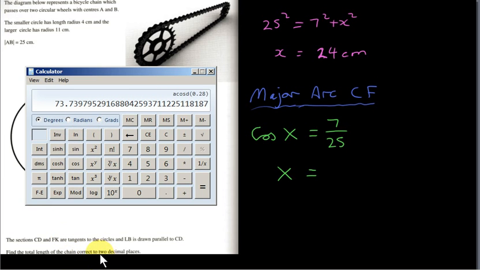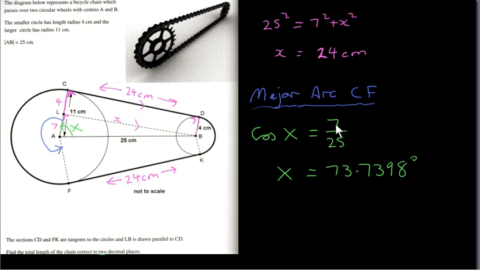Now we want a final answer to 2 decimal places, so it's probably a good idea to write this down to more than 2 decimal places and round at the very end. Maybe write this down to 4 decimal places. To 4 decimal places, this is 73.7398. So this is the inverse cos of 7 over 25.